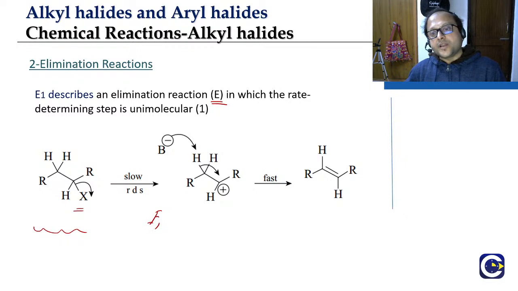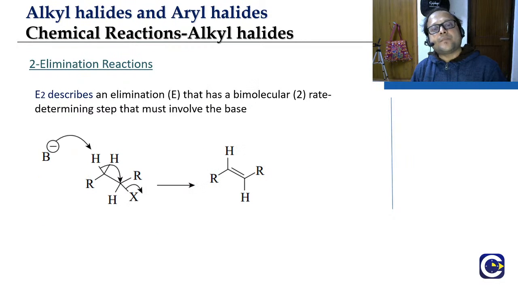Or unimolecular reaction, right? And in the next case, in the E2 mechanism, both your base and your reactant are involved in the same step. That means it happens simultaneously. Here in E1 it happens step by step, but there it happens simultaneously.